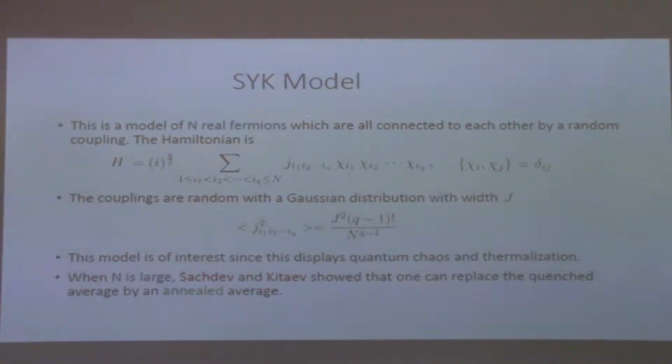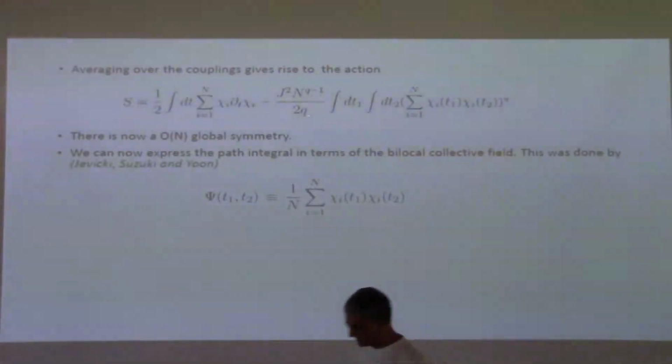And then if you do an annealed average, you can treat these as just some fields in a path integral, and you can perform the integration over the fields because that's a Gaussian integral.